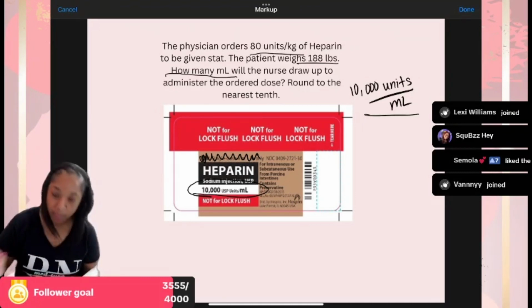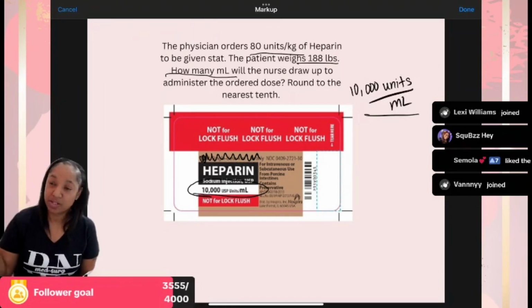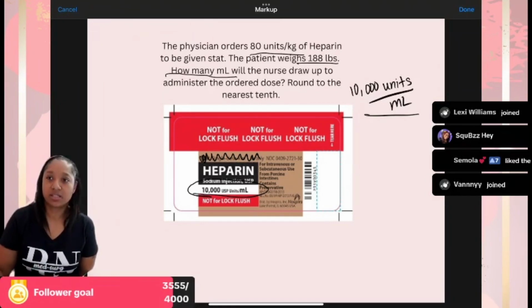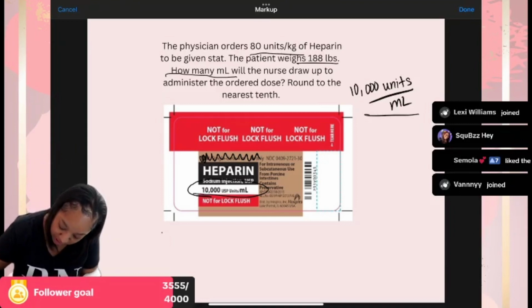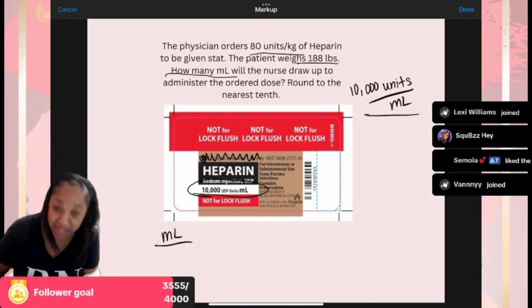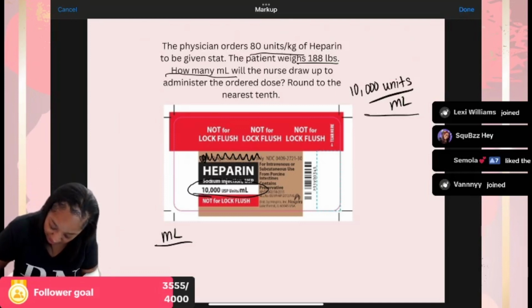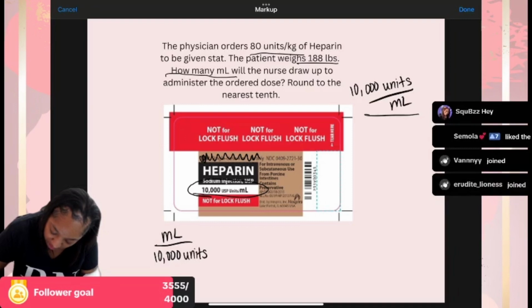So PPP: I'm going to start with my last P, the product, the medicine, because that's my known. I start with milliliter on top, and then 10,000 units.